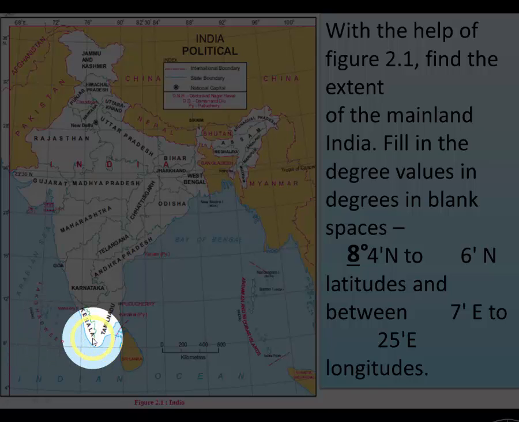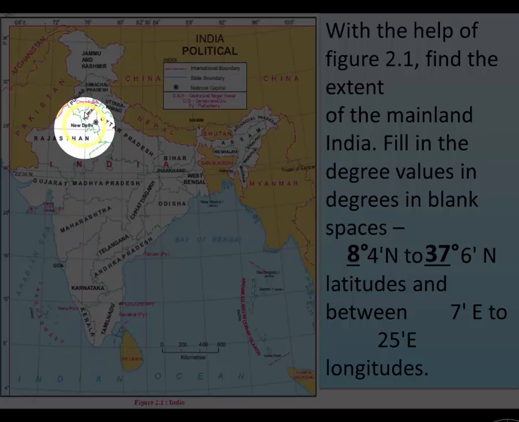Okay, now from 8 to 37. How is it 37? Let's see here. 37 N means north. See here, it is 36, but the maximum extent of India is about 36, that means it's 37.